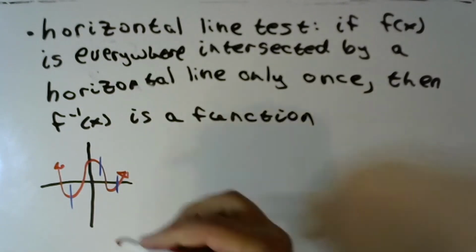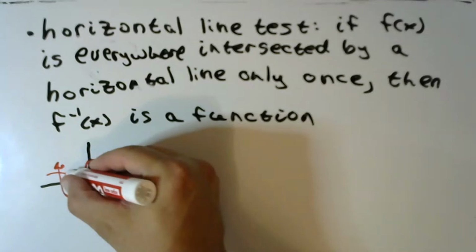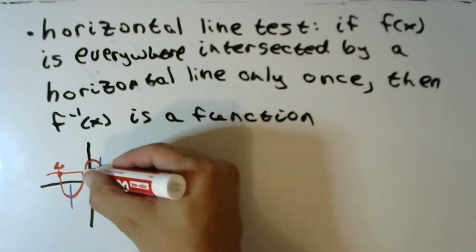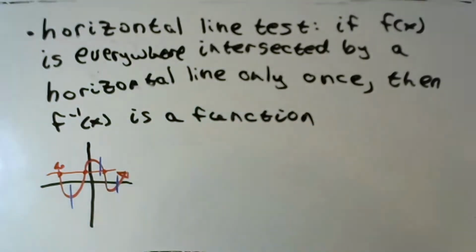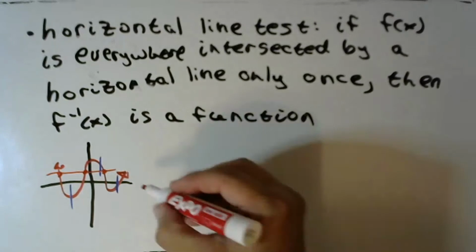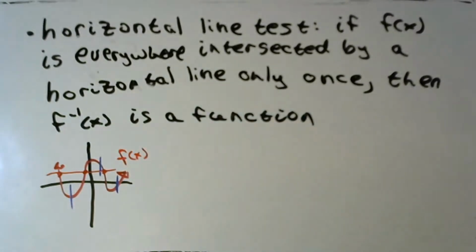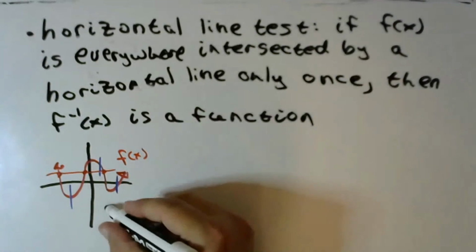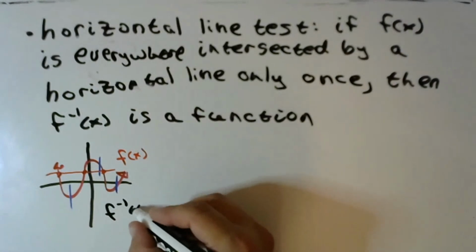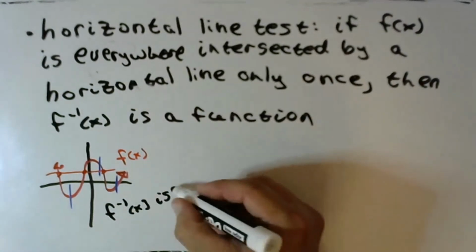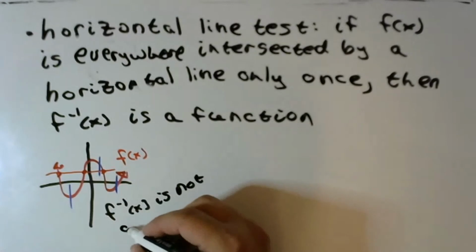But if we take f of x and we pass a horizontal line through it, and that horizontal line intersects more than once, the f inverse, this is f, the inverse is not a function.